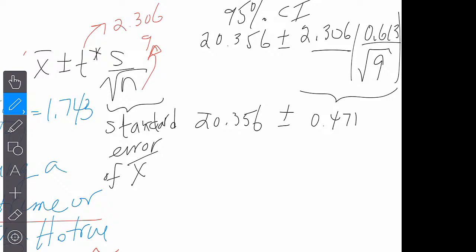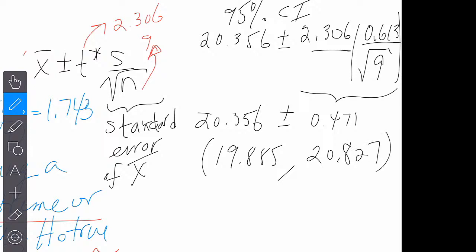So 20.356 minus 0.471 is 19.885, comma, 20.356 plus 0.471 is 20.827. So that's the interval. Anybody get that?